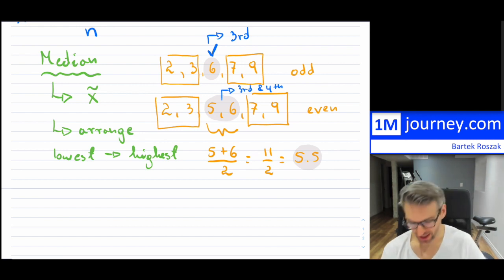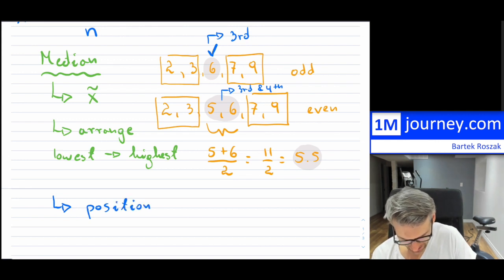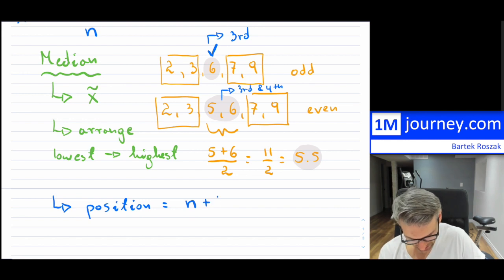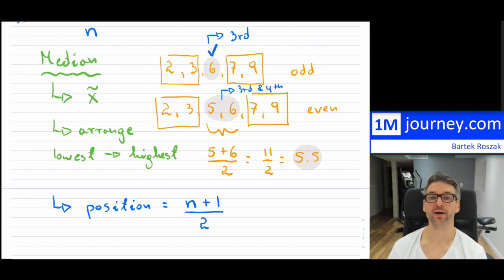So if you want to find the position of the median, the position is simply equal to, you take all your data points, you add 1, and you divide this by 2. And that will give you what the middle position is.